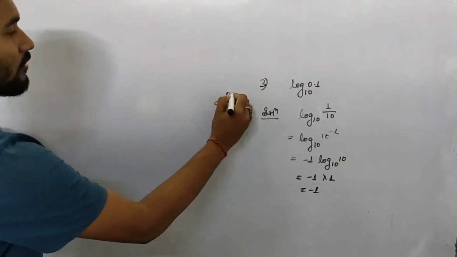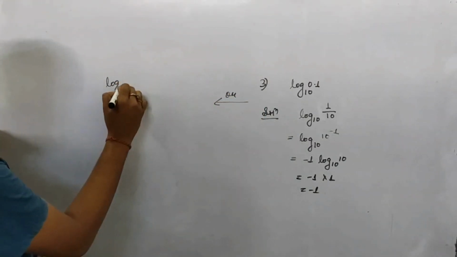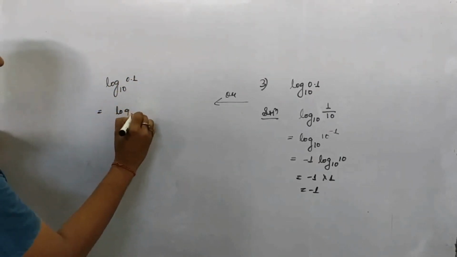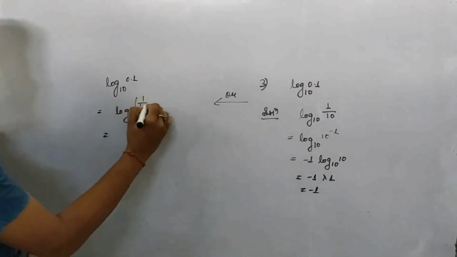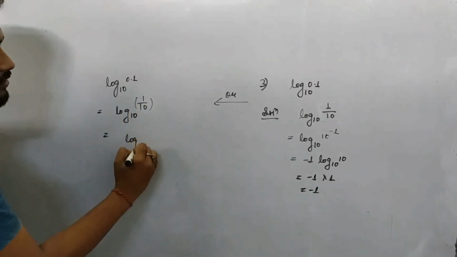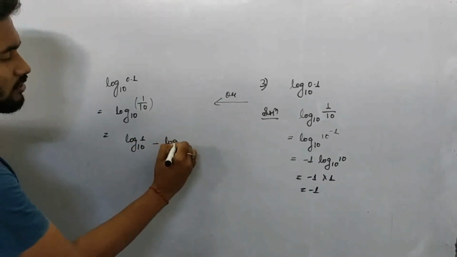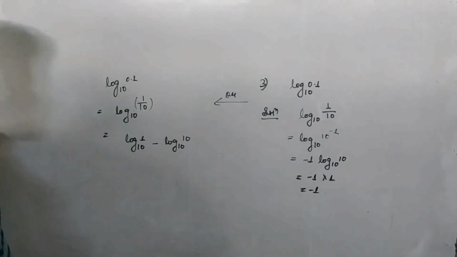Another method: log 0.1 base 10 equals log 1 by 10. Now it is a division, so I can write log 1 base 10 minus log 10 base 10.